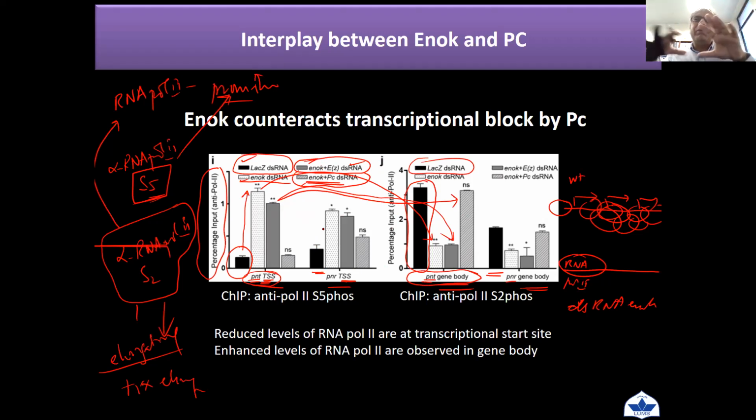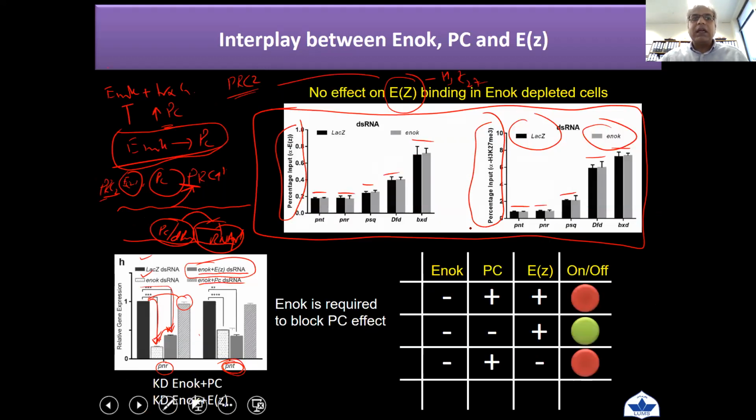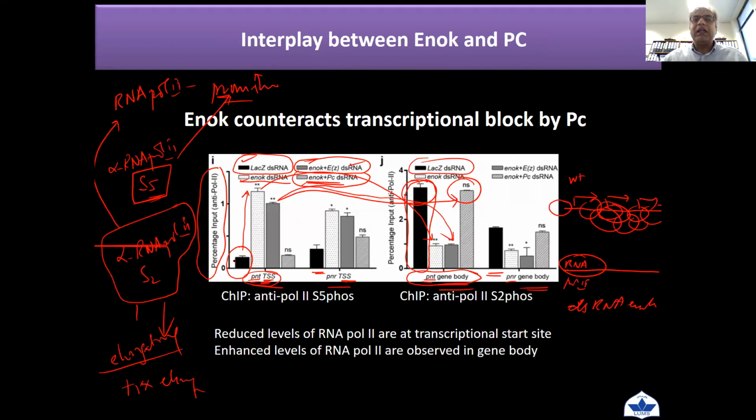When you deplete both polycomb and trithorax, you somehow restore the normal wild type levels of RNA pol 2 and the gene is on. This is what we saw here: normal wild type levels of both PNT, PNR.